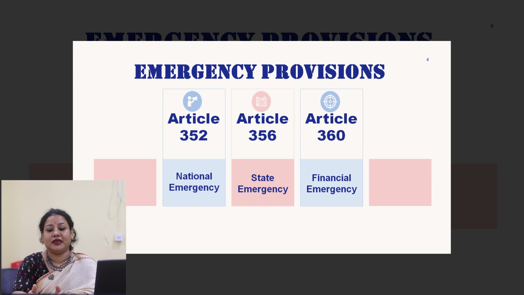Then again, for financial emergency, the provisions are the same: the central government will make laws on those subjects which are there in the state list or concurrent list or in the residuary powers. So emergency provisions automatically make the central government more powerful.